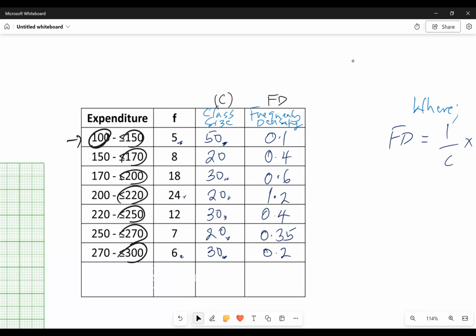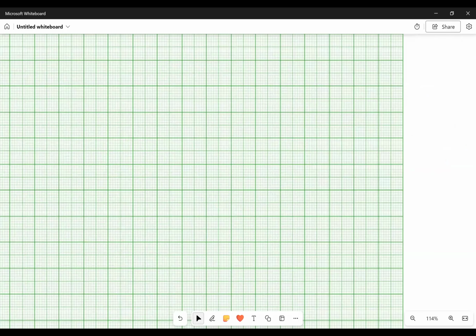But then we have to reflect the size. This is 50, this is 20, this is 30, 20. The bars must reflect the size. So you have to look for 100, then you go to 150, then 170, then 200, 220, 250, like that. It must reflect the size. So that's what I'm going to do here.